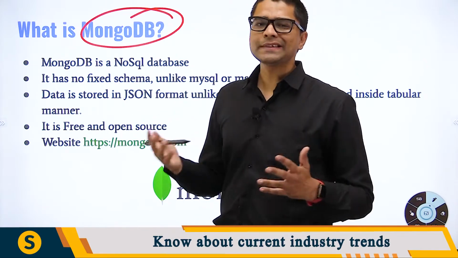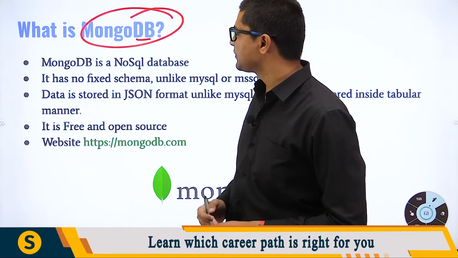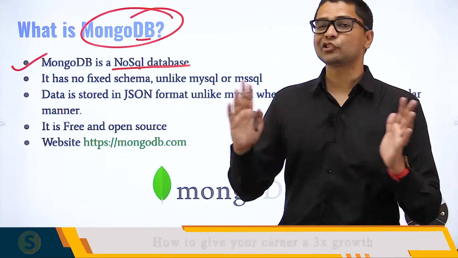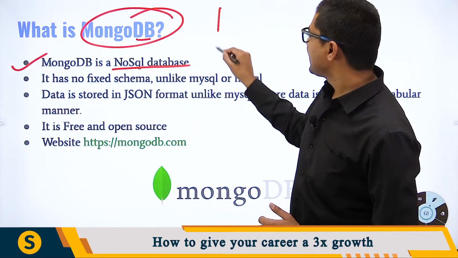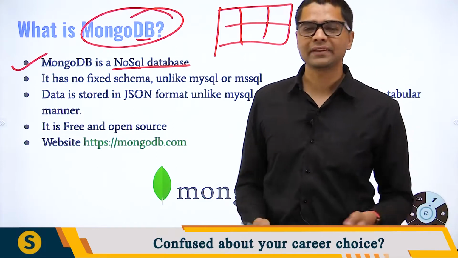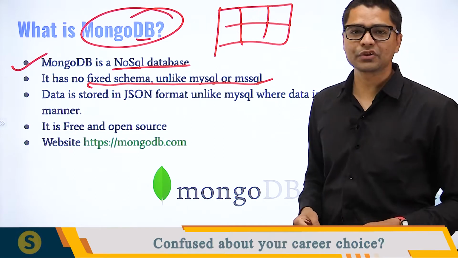Okay, now let's focus on the first component of MEAN stack, which is MongoDB. If you're not aware of what is MongoDB, you can see from the name, it is a database. First of all, MongoDB is a NoSQL database. It does not have a schema. Just like MySQL has a schema, MongoDB does not have a schema, so it has no fixed schema, unlike MySQL or MS SQL.